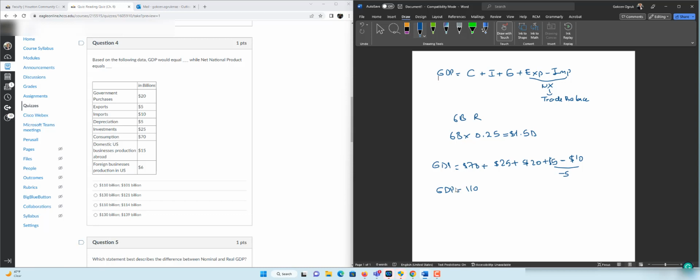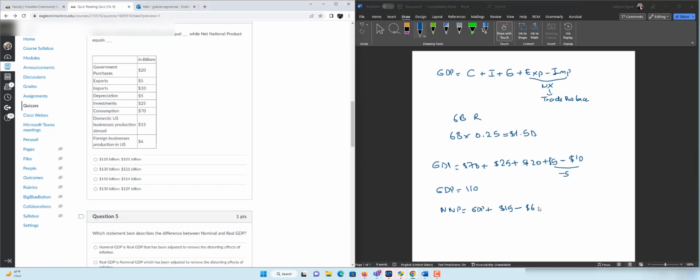We need to find now net national product. For net national product, we are going to get the GDP, and sum domestic US business production abroad, which is $15. And then we will subtract foreign business production in the US, which is $6.